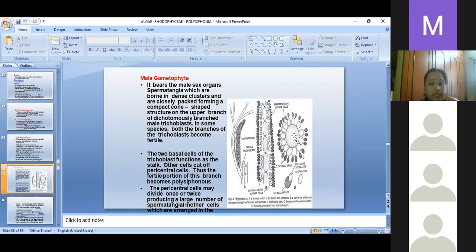Now I'll explain what the male gamete is and how it forms. You can observe the picture. This is the male gametophyte of Polysiphonia.